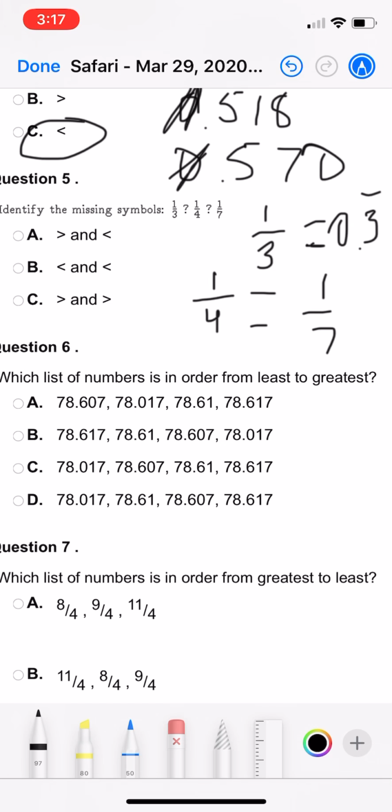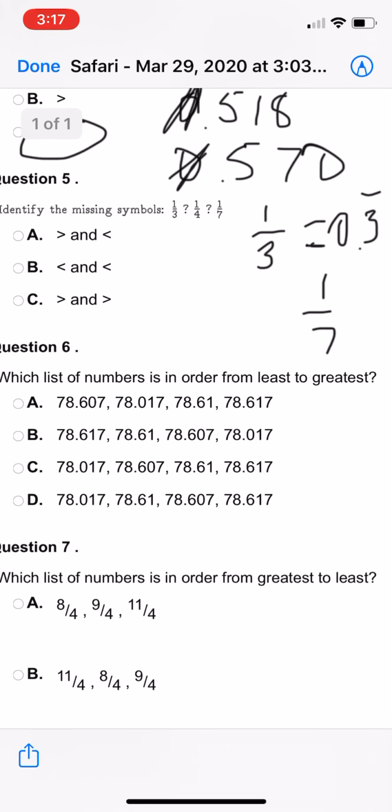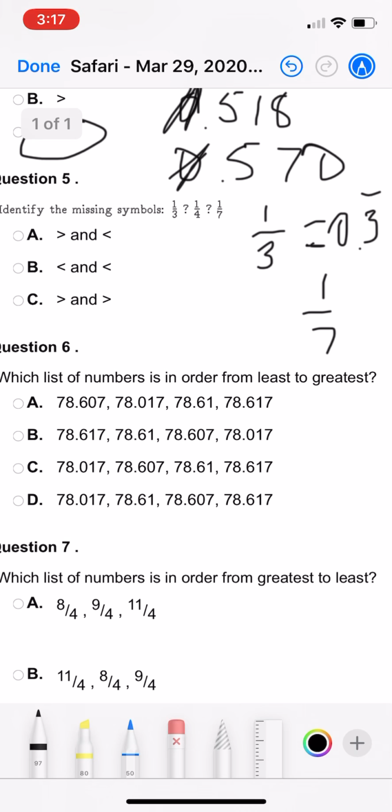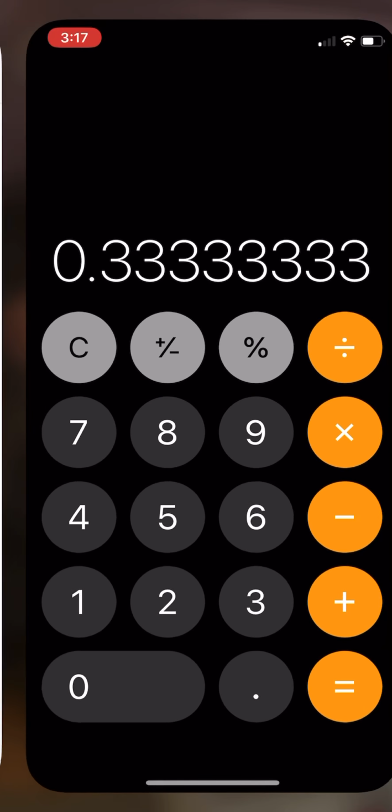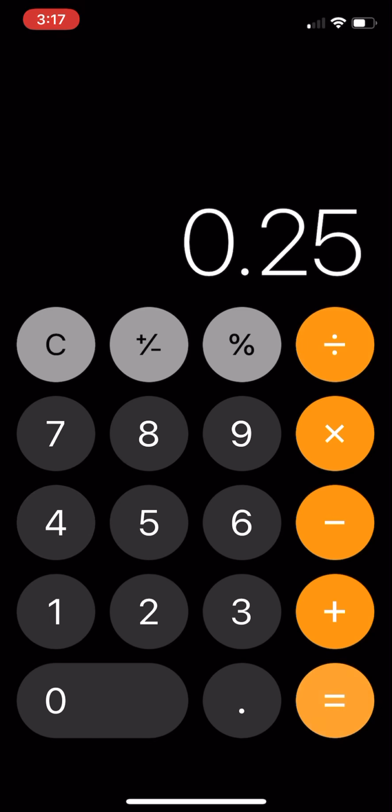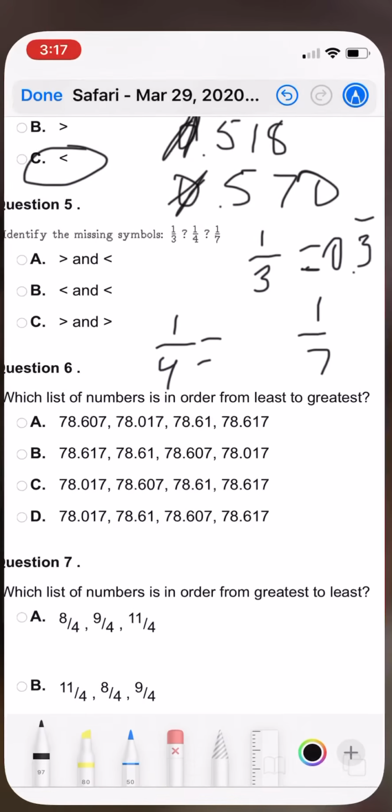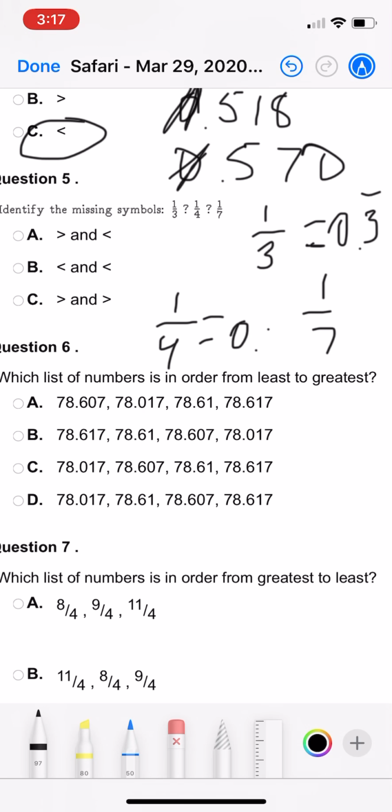1 over 4. Ooh, that's not going to save enough room. Hold on. So 1 over 4, we're going to change that into a decimal, and you get 0.25. So I'm going to write 0.25. Whoa, that's ugly.